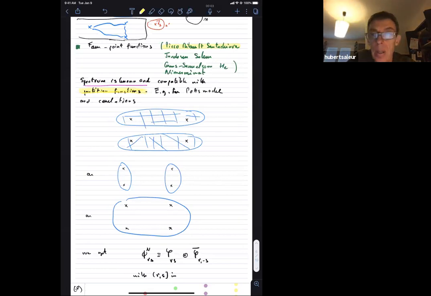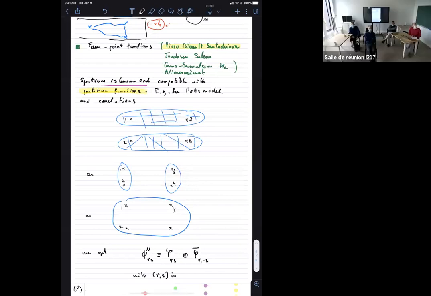You imagine taking 4 points and then asking yourself what is the probability that the points belong to either, well, there are various questions to ask, but here I've drawn the relevant ones. Either point 1 and 3 belong to the same cluster and point 2 and 4 to the other cluster, or you can ask whether point 1 and 2 belong to the same cluster and 3 and 4 to the other, or you can ask whether point 1, 2, 3, and 4 belong to the same cluster.